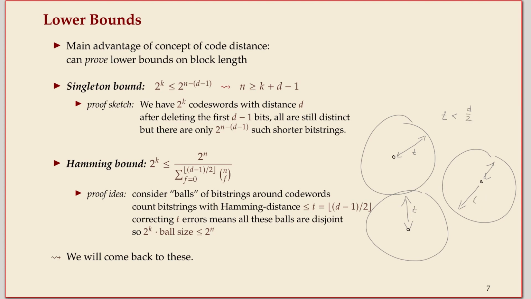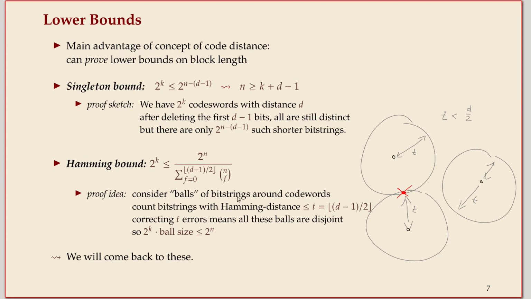If you put a ball of radius t around each of these code words, then those balls are not allowed to intersect. If they were to intersect, that would mean that these 2 points actually have a shorter distance. They're not distance d apart. So this cannot happen. The balls cannot intersect.